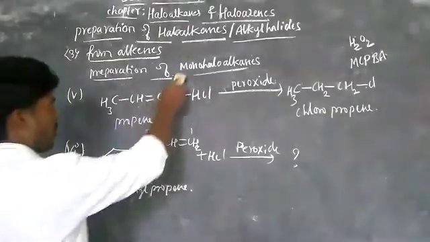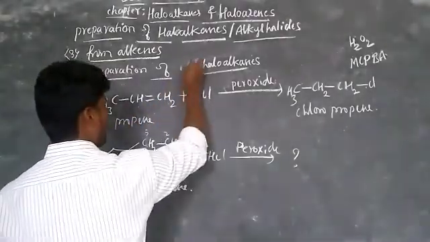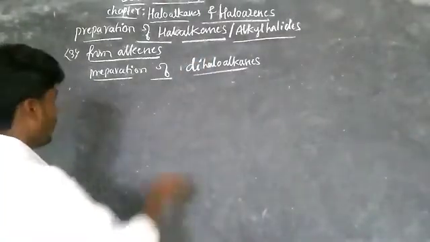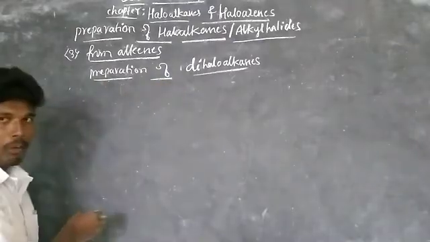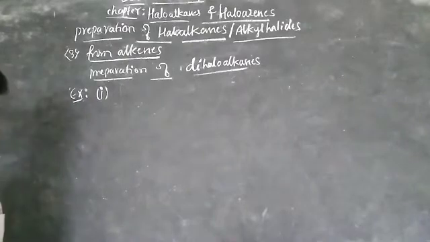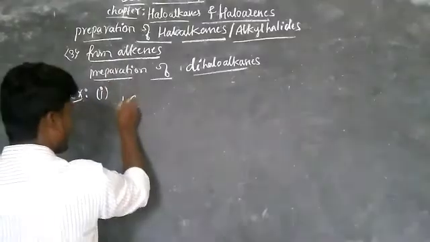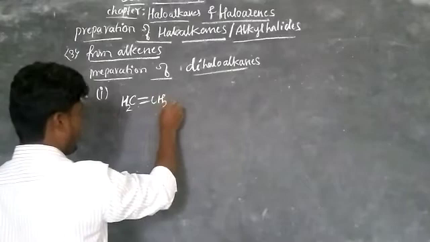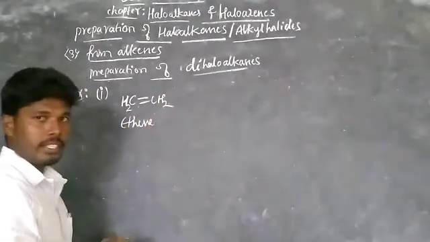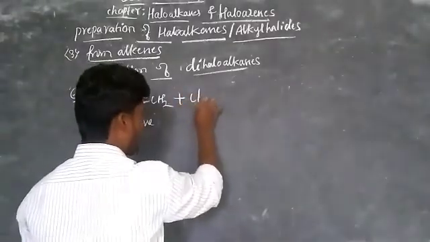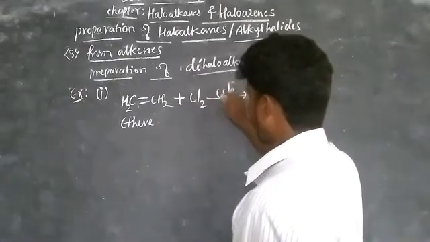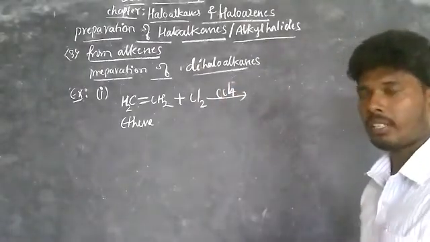Similarly, the next method is preparation of dihaloalkanes. Take the first example: alkenes, that is CH2 double bond CH2, which is called ethene. This ethene is treated with chlorine, Cl2, in the presence of carbon tetrachloride, CCl4, as a solvent.